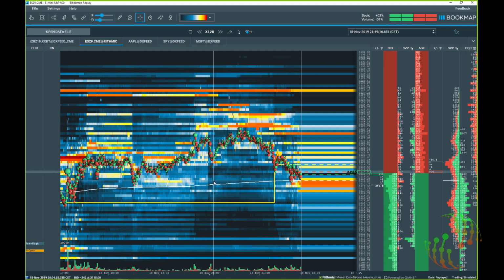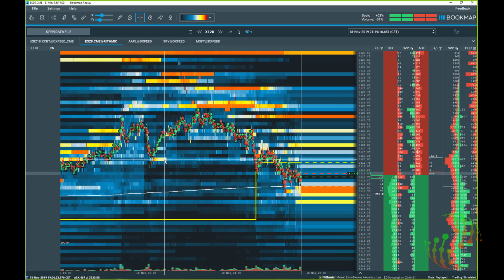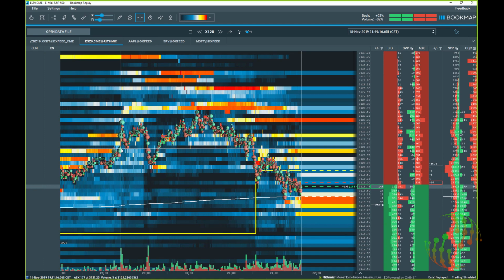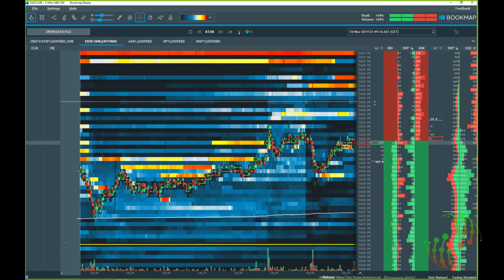I don't want to go through the sweeps now, but we will talk about them tomorrow, on Thursday at the latest, because they are so powerful if you know what you see and what you trade. When a sweep happens, like here, let me show you.